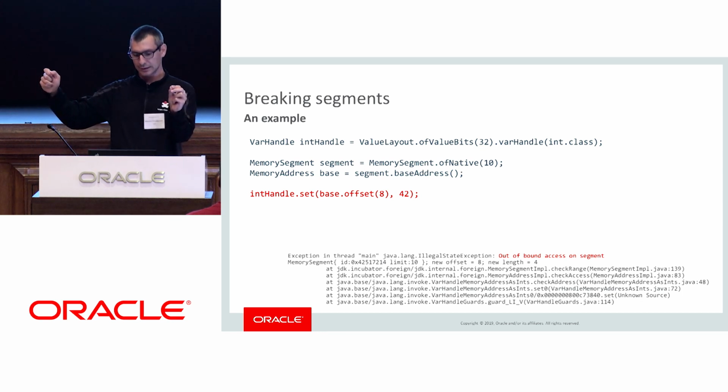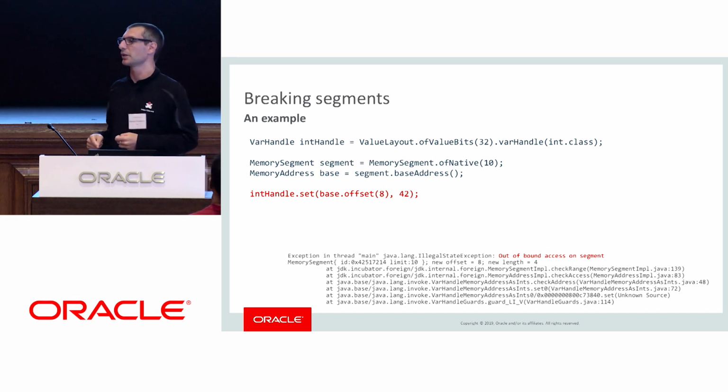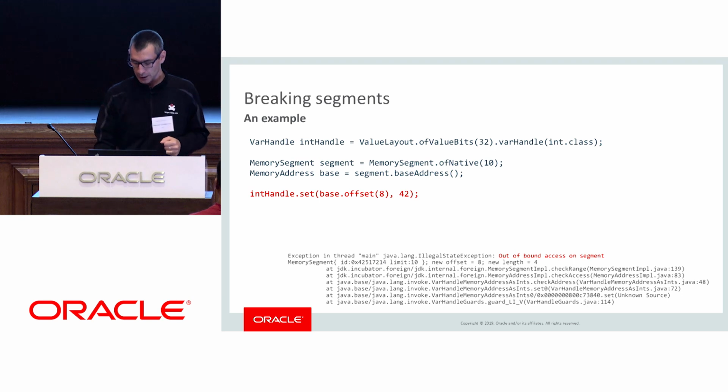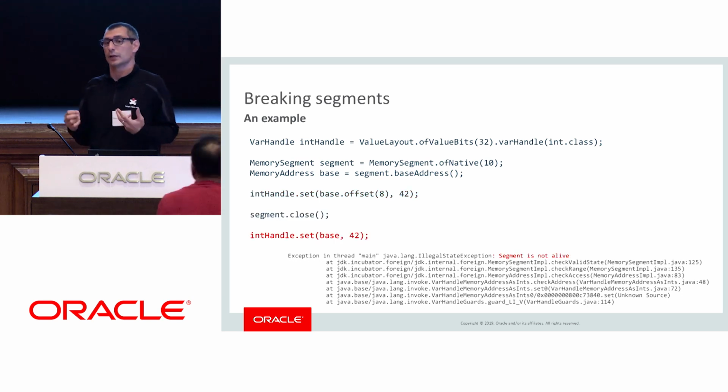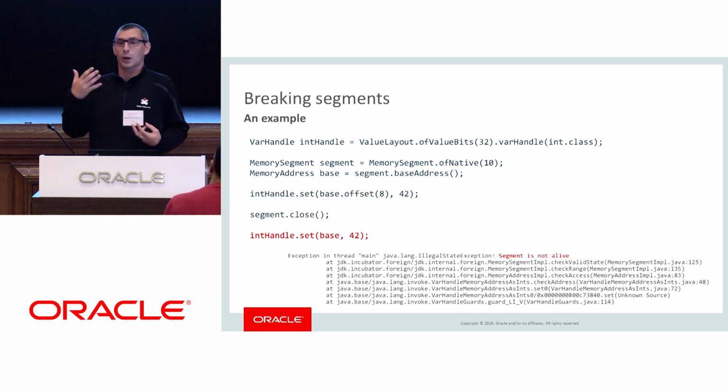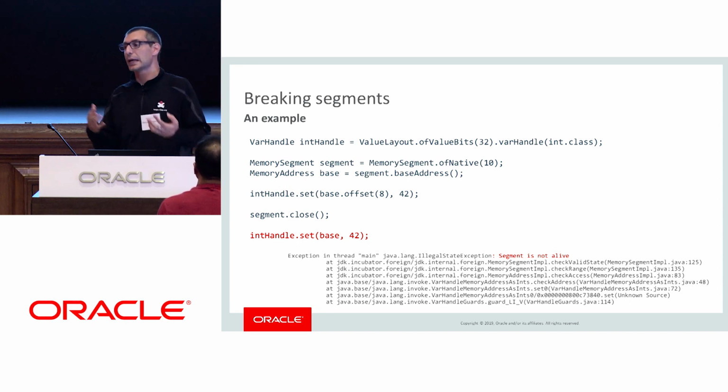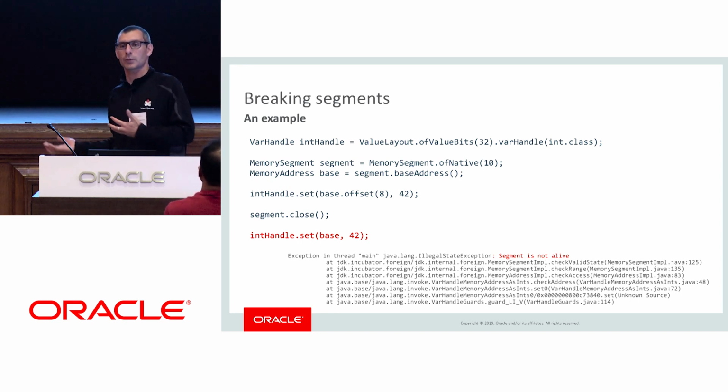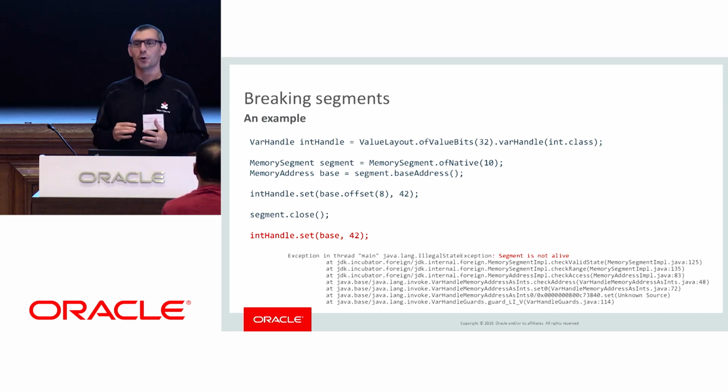And so part of it will be out of bounds. And the API gives me an exception, so that's good. But then I can close the segment, and I can try to do another set. And I will get another kind of exception, this time because I'm trying to access a segment that has already been closed. So the API is successful in stopping me from doing crazy stuff. That's good.